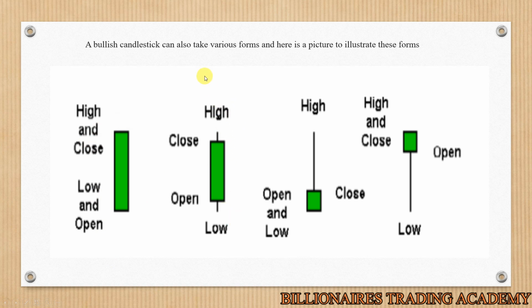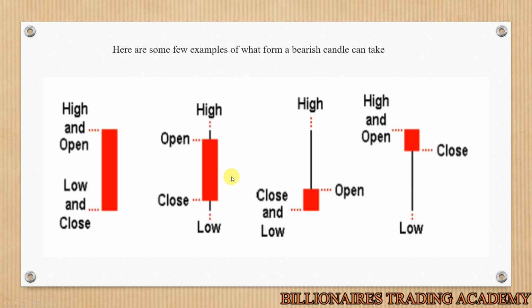Then this one you can easily label based on what we have learned, and this one has the high, and then the low and the open is the same, then the close. So they come in different forms, and of course these are bearish ones. The candlesticks can take different forms, but what matters is understanding the parts of the candlestick.